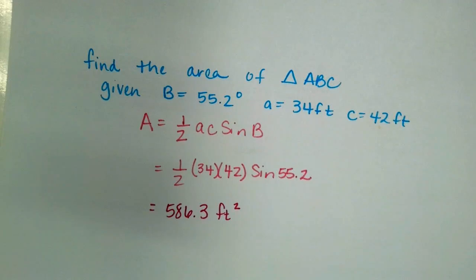Okay, so here's the only thing about law of sines that makes this slightly difficult: sine can produce some issues. You remember when we plug inverse sine of something into the calculator, it gives us one angle out.